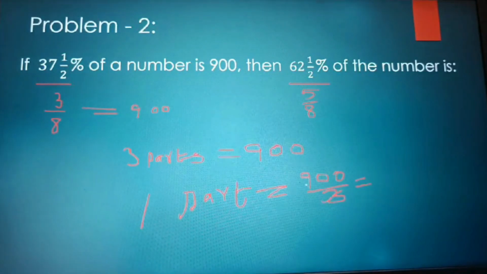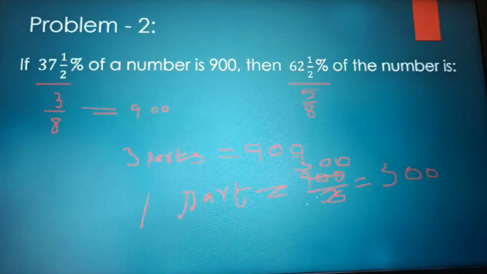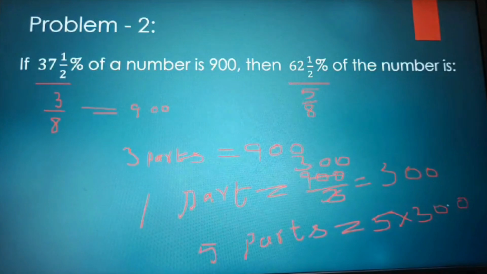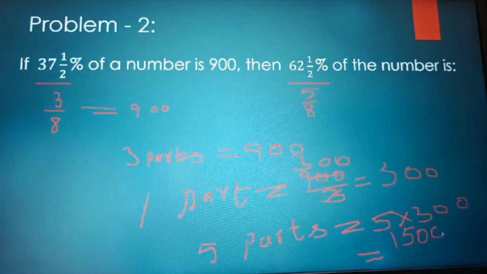So these 3 ones are 300. So one part is 300. Then 5 parts. So the 5 parts will be 5 into 300. So your answer will be 1500. So in this manner you can easily find out the answer.